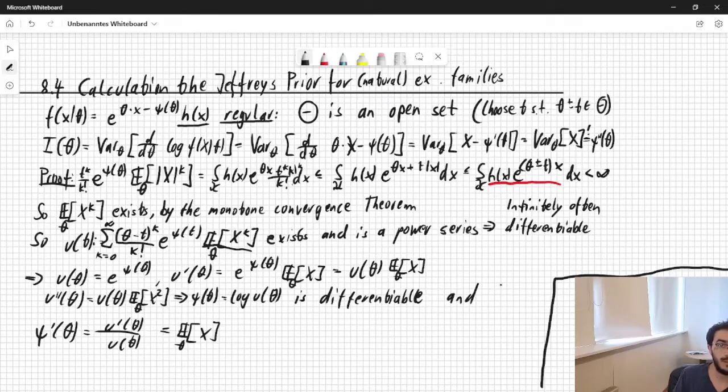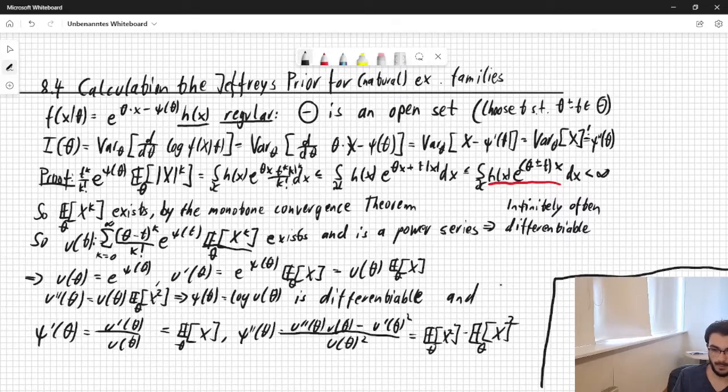And also the second derivative of psi, well, that's second derivative of u times u minus the first derivative of u squared divided by u squared, which looks complicated, but you can just plug this in and get the expectation of x squared minus the square of the expectation of x.